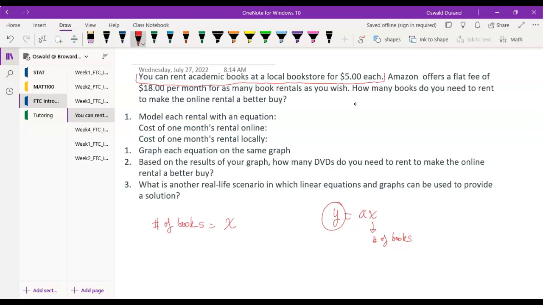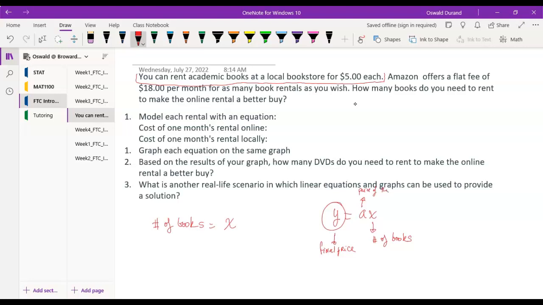So this will be the final price. X will be the number of books, and A will be the magnitude, meaning the price of each book.